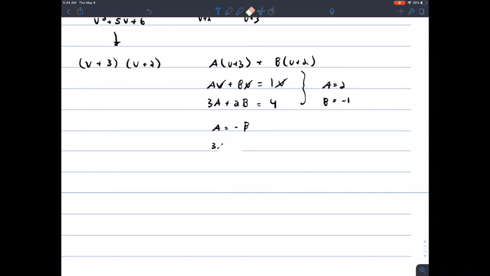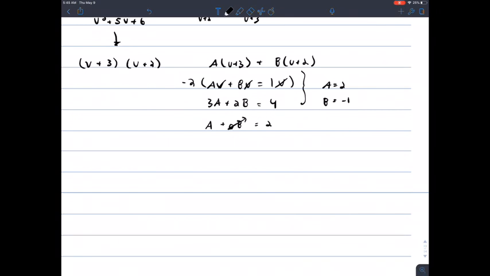Actually, let's multiply the first equation by 2, then subtract them, so you have A plus 0B equal to 2.